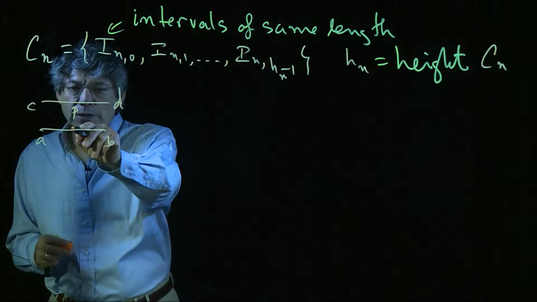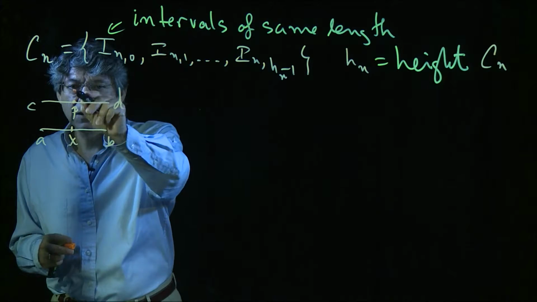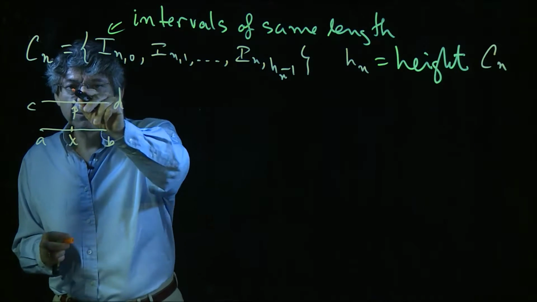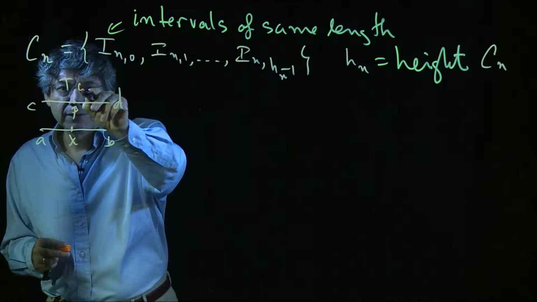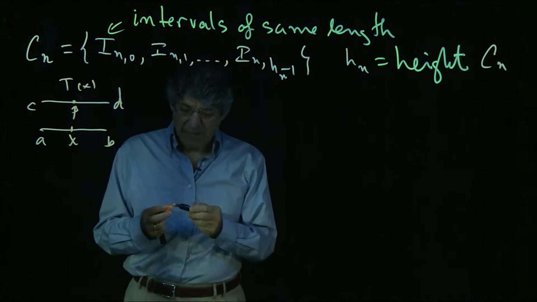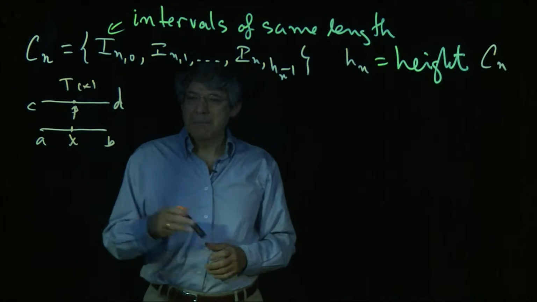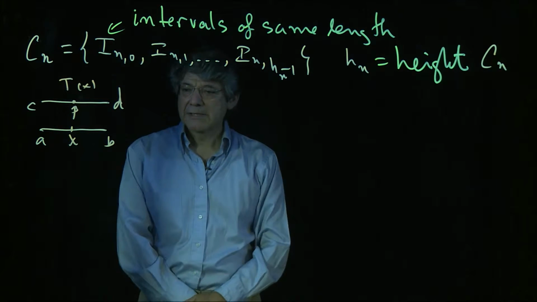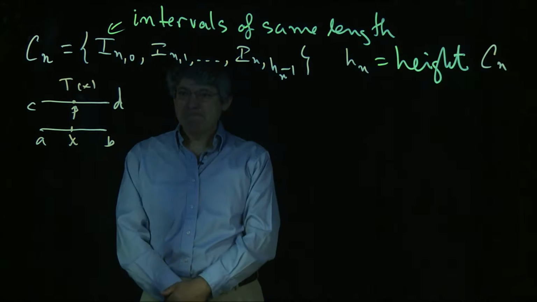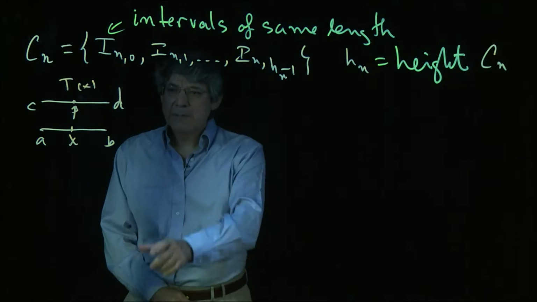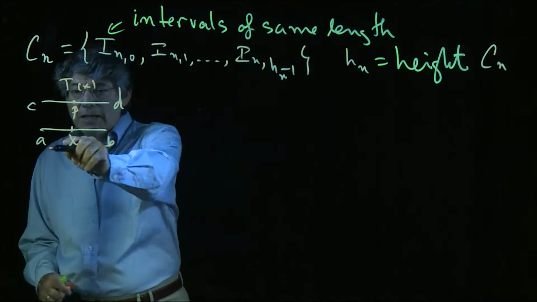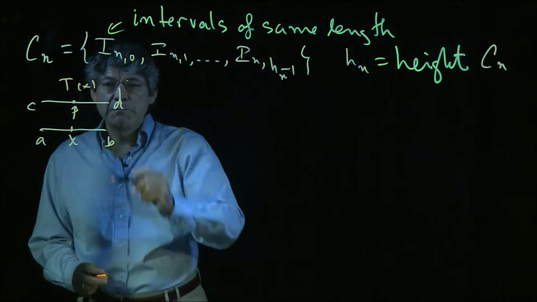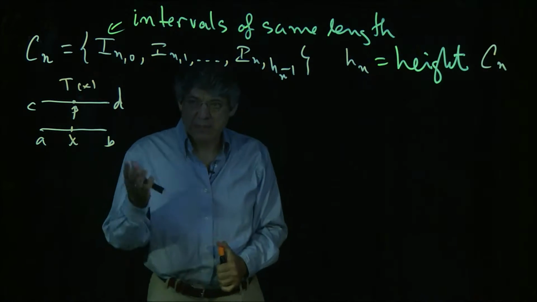So we'll send a point x here to a point T of x. This T is a map that depends on the levels that are given. So this will just be a translation. One can define a map that sends A to C and B to D, and one can write an explicit formula.